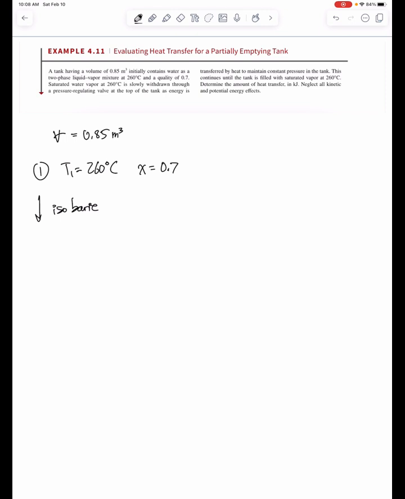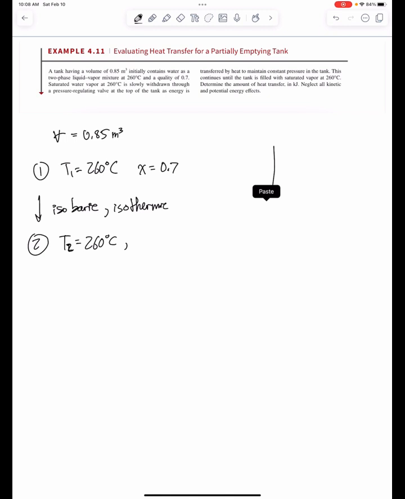This continues until the tank is full of saturated vapor at the same temperature. Then, from heat transfer, neglect everything else. It's isobaric because it's constant pressure, and it's also isothermal based on what we see here.